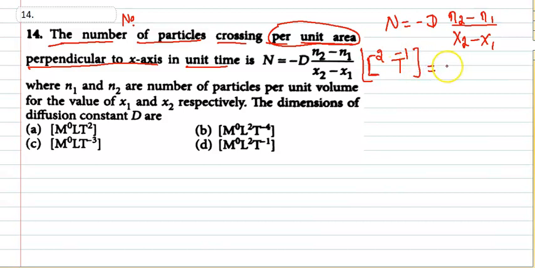D is a constant, where n1 and n2 are the numbers of particles per unit volume, which is L cubed, and x1, x2 are the positions.